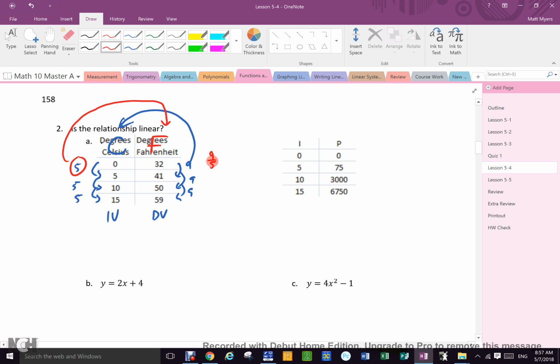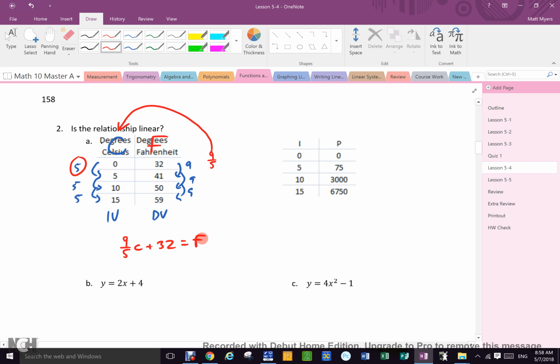So that must mean this is dividing by 5. Does everybody see that? Now, let's check. Let's take our 9/5 and put it here. So I now have 9 over 5 C plus 32 equals Fahrenheit.